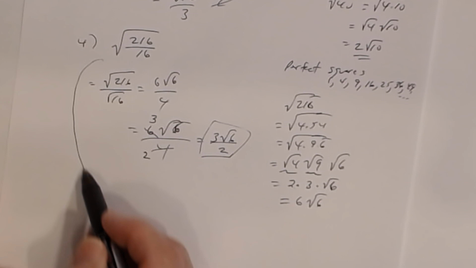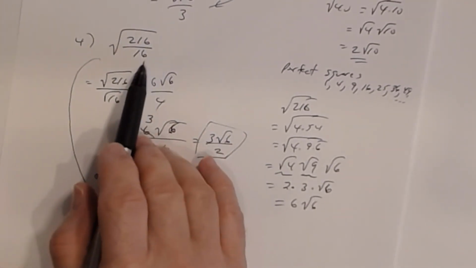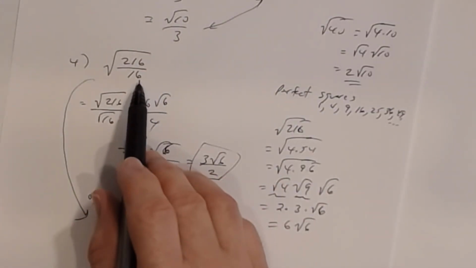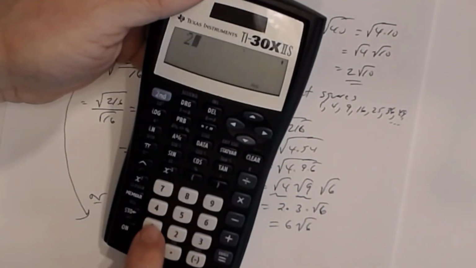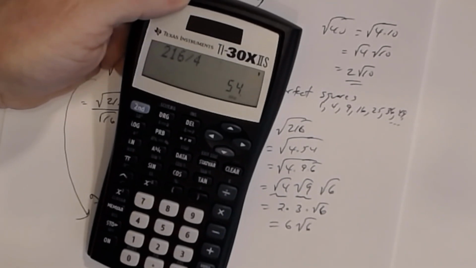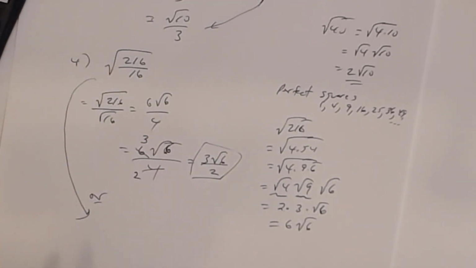The other one you could have done was this. So I want you to see something. You may say, well, it looks like in terms of these perfect squares, 4 goes into 16, and 216 is also divisible by 4, right? So let's divide both of these by 4 and see what happens.